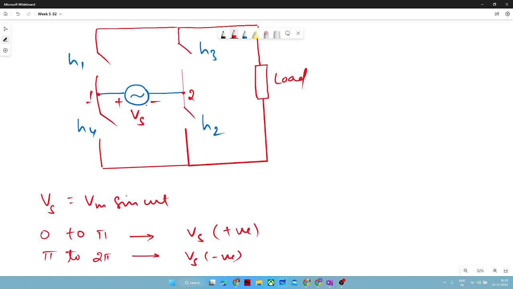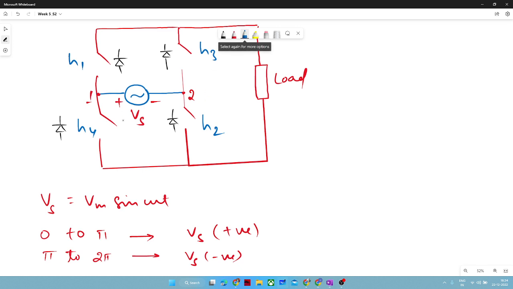Typically, let me take the case of a diode. If the diodes are connected in this fashion here, and here also, this is a typical full wave uncontrolled rectifier.